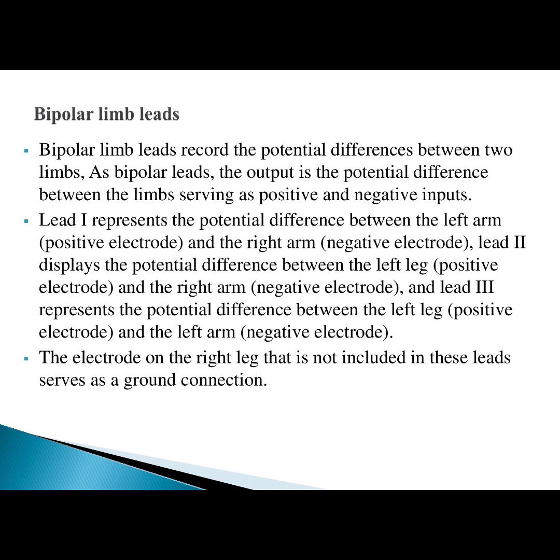Lead 1 represents the potential difference between the left arm and right arm. Lead 2 displays the potential difference between the left leg and the right arm, as shown in the figure. And lead 3 represents the potential difference between the left leg and left arm. The electrode on the right leg, not included in these leads, serves as ground connection.